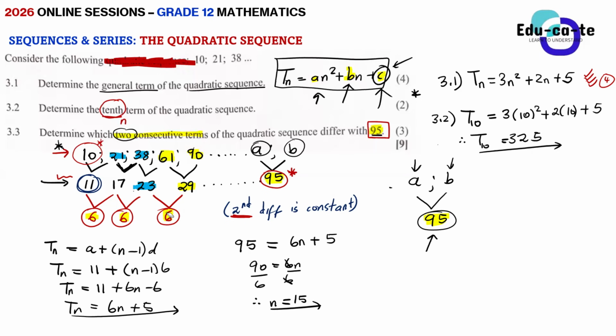That's for you to decide. I want to see your critical thinking skills right now. We now know that this 95 is the 15th term in the differences, so difference number 15 is 95. So how can we get the two consecutive values, A and B?